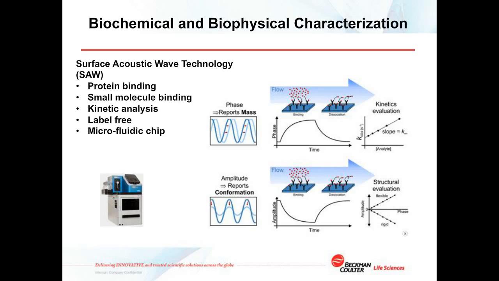However, with surface acoustic wave technology, using both the phase of the acoustic wave on the surface as well as the amplitude, one can examine not only changes in binding, but also changes in the conformation of the protein on the cell surface. And again, you can perform kinetic analysis, and you can perform this in a label-free manner.